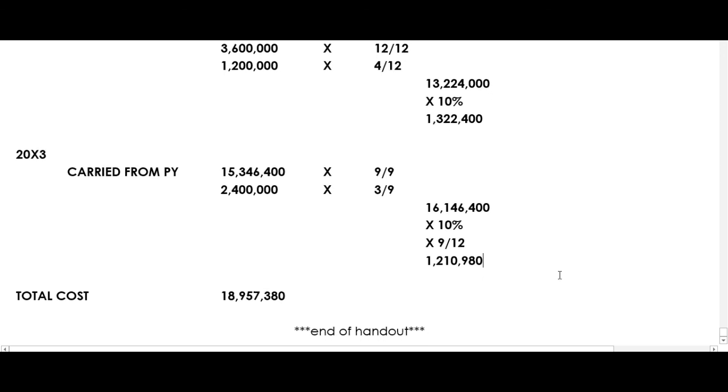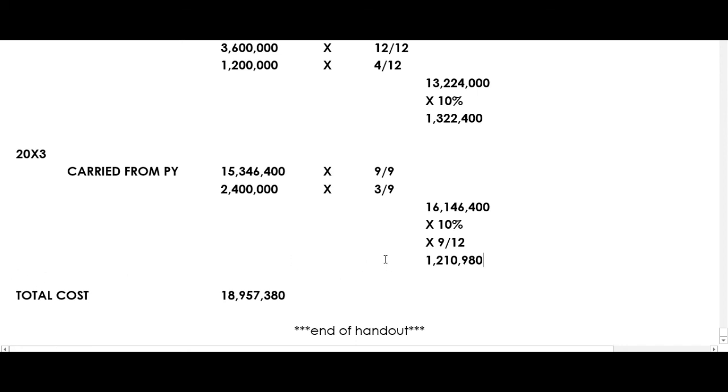Okay? So that is the end of the discussion ng ating borrowing cost. So how are we going to relate the borrowing cost doon sa ating property, plant, and equipment or other assets? Basta always remember, kapag qualifying asset yung ating property, plant, and equipment or yung ating intangible asset or yung ating investment property, i-add mo lang yung na-compute mong borrowing cost.